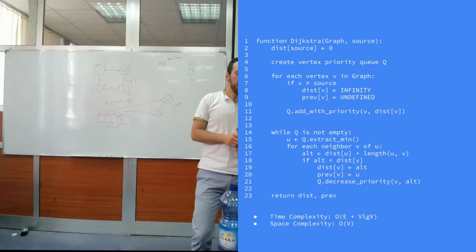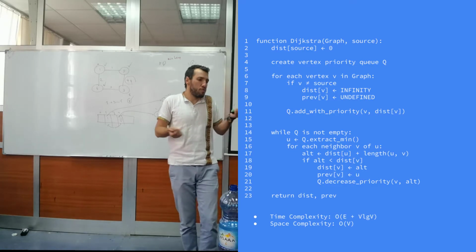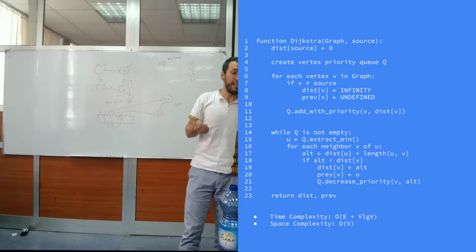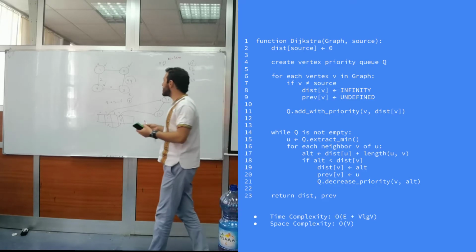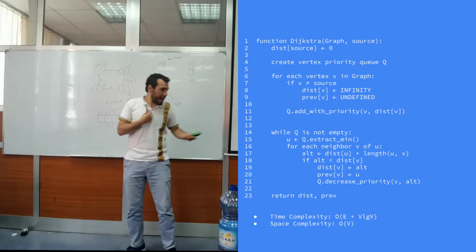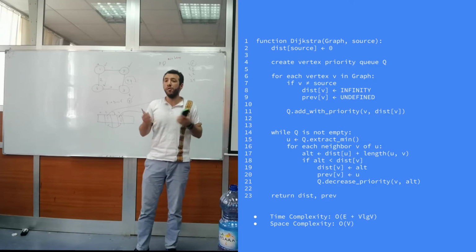After that we start execution and we get the minimum element from the priority queue, the minimum distance. And for each neighbor of that vertex, we check whether the distance we have so far plus the weight of the edge between us is smaller than what we have seen for this node before.